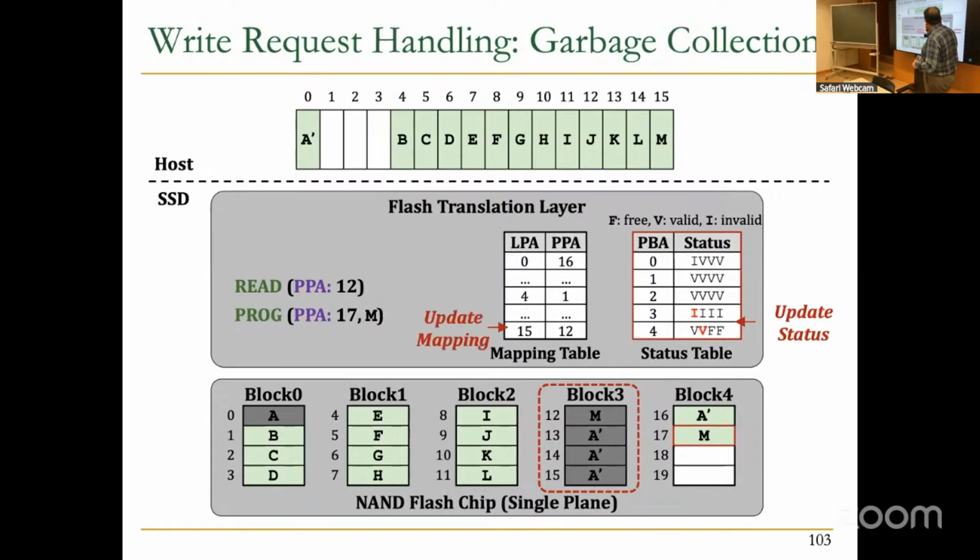So we also need to know that this physical page address 12 initially was mapped to logical page address 15, and now I need to change this to 17. Normally you cannot do that, because this table only stores the way from logical page address to physical page address. You cannot get the logical page address associated with a physical page address.